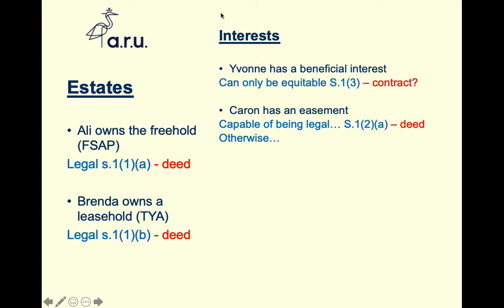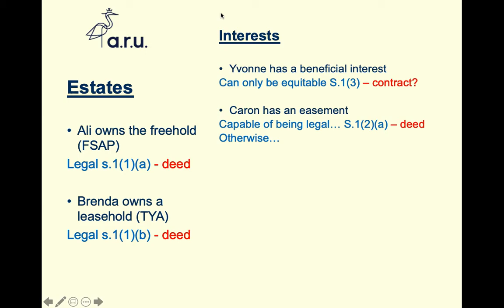So we're still looking for a piece of writing around this easement, but we're not requiring it to be a deed if it's not legal. The other situation could be that under Section 1.2a it was capable of being legal, but there was no deed and therefore it doesn't become legal. But if it's written down in some other form, it will become an equitable easement.